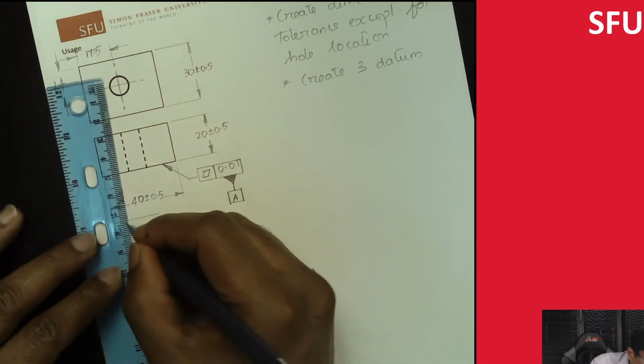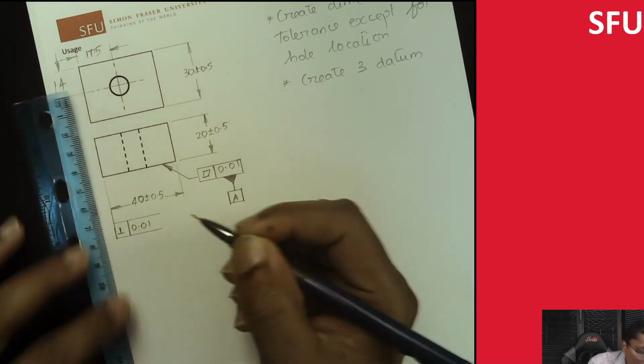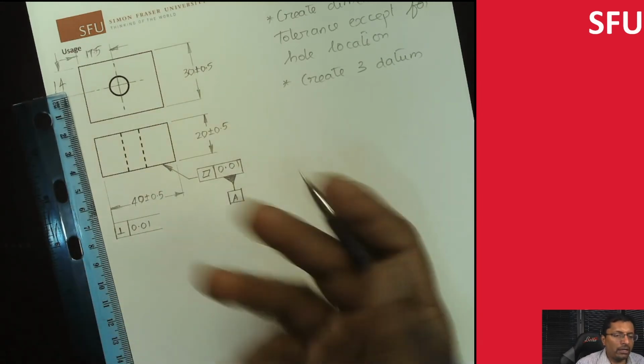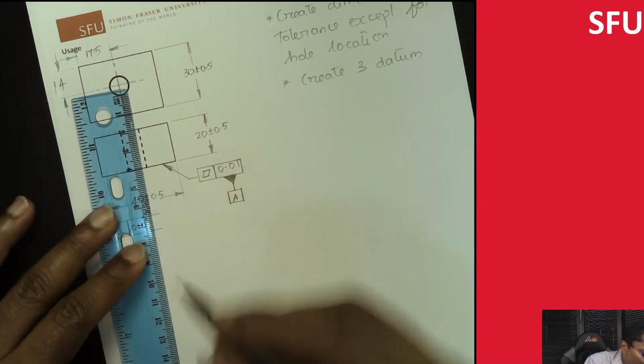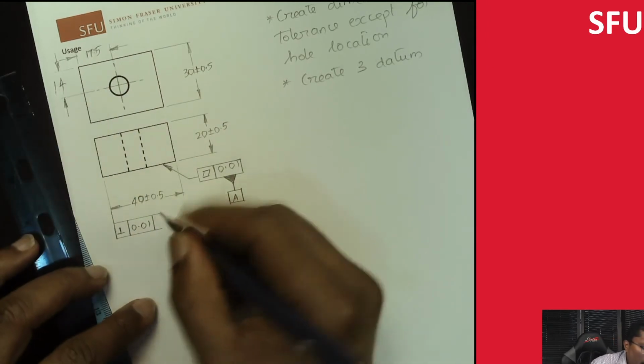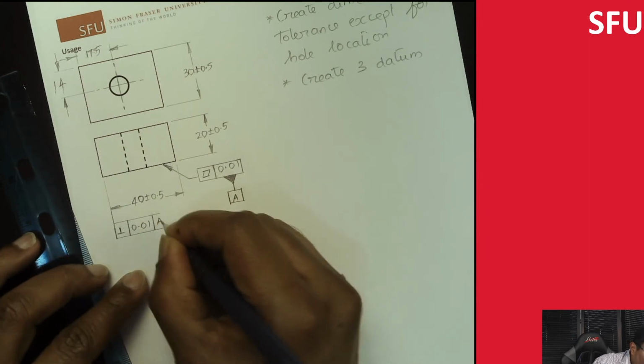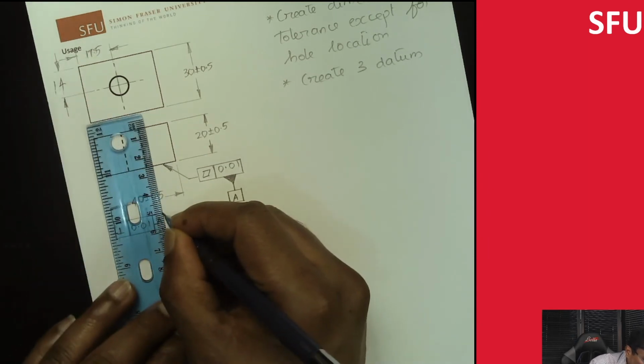And then again within a tolerance of 0.01. Again, I'm just picking 0.01 as it's convenient, so your tolerance might depend on your actual application. And this needs to be perpendicular with respect to A. Then we close this frame.